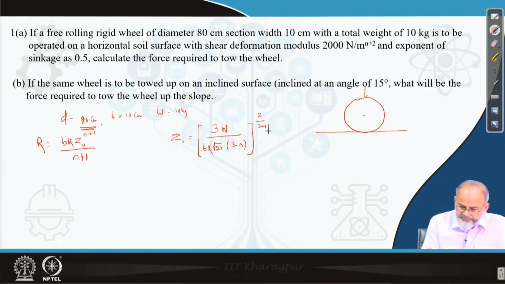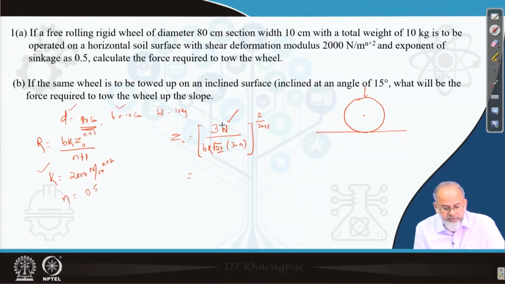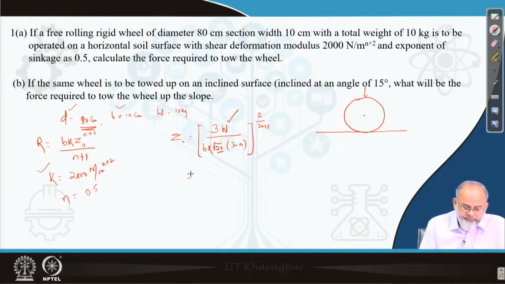Now, in the problem, the value of K is given, the shear deformation modulus, as 2000 Newton meter raised to the power n plus 2, and the exponent of sinkage n is given as 0.5. Now you have to substitute these values. That means weight is given, K value is given, B value is given, diameter, that is 2R, is given, 3 minus n is given. So now you substitute these values and find out the value for sinkage.